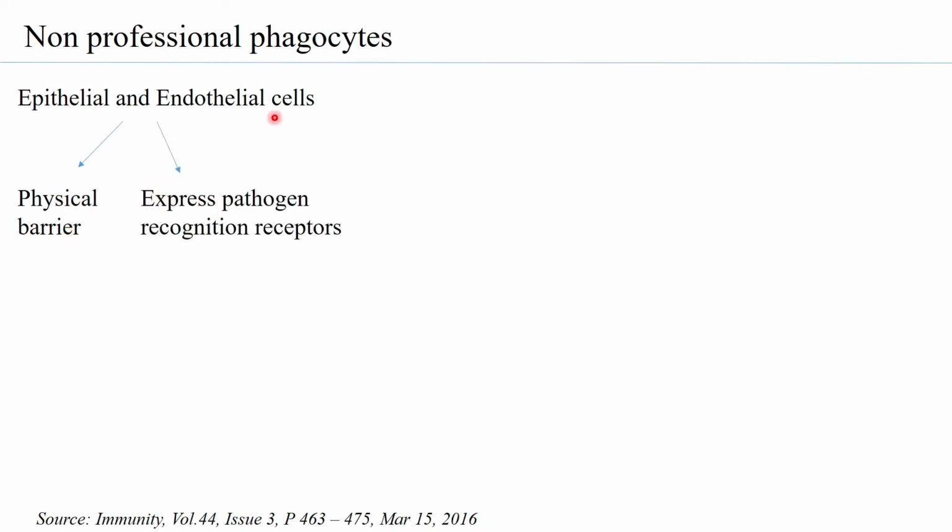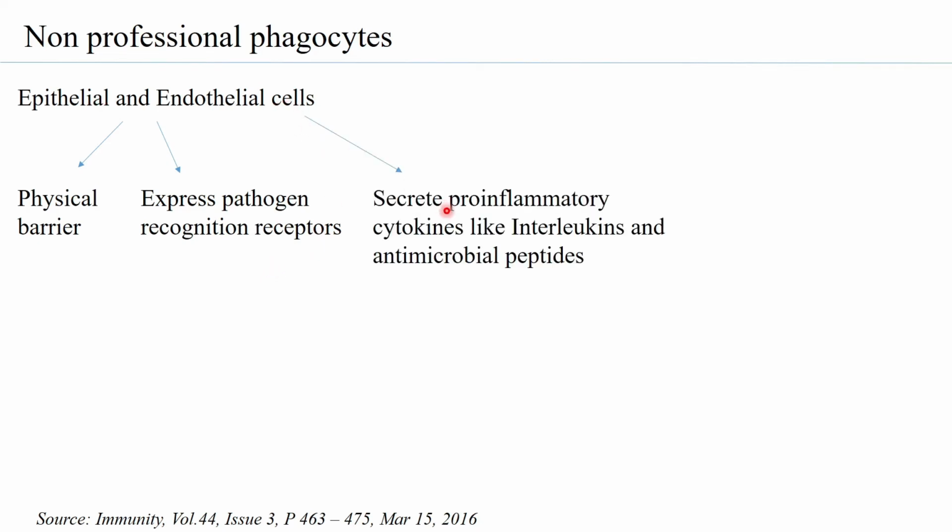They express on their surface pathogen recognition receptors, and these pathogen recognition receptors in turn can recognize certain surface molecules present on the pathogen. So therefore, epithelial and endothelial cells can directly interact with the pathogen, and they can secrete pro-inflammatory cytokines like interleukins and antimicrobial peptides like defensins, cathelicidins, etc.